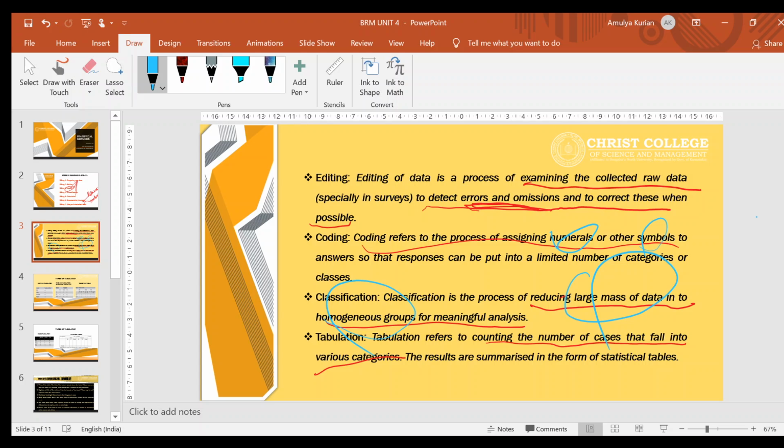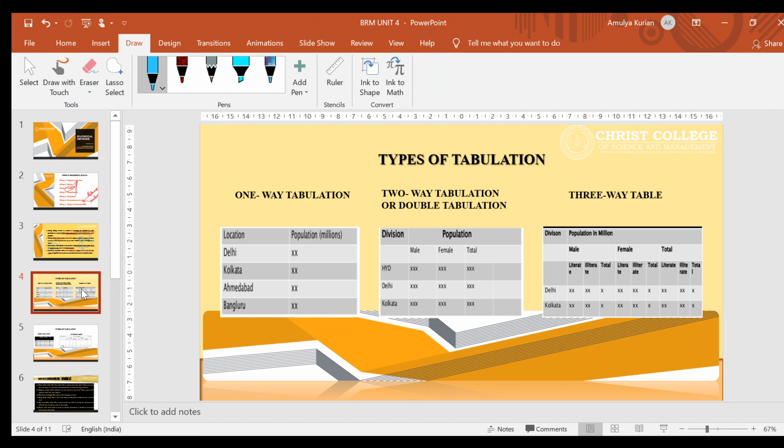A simple table is one where you are only recording one characteristic. For example, see in this one, we have just taken one characteristic, that is population. Okay, so this type of tabulation is called one-way tabulation. In the second one, we are taking two characteristics. One is population, the other one is gender.